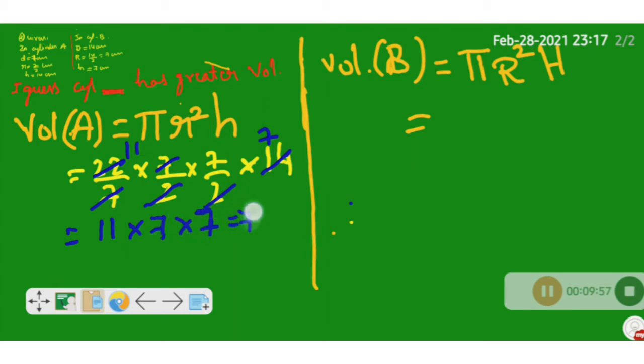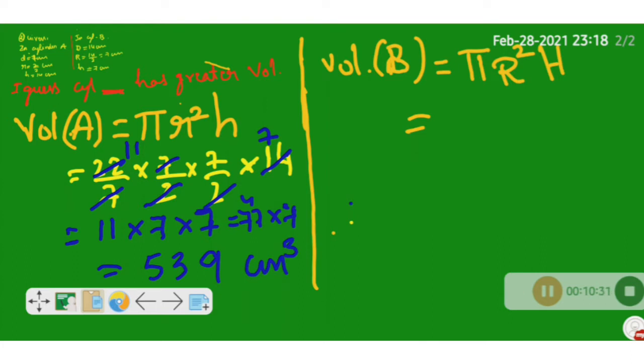That is nothing but 11 7s are 77 into 7. If you multiply 77 into 7, 7 7s are 49, write 9 and carry 4, 7 7s are 49. It's 539 centimeter cube, right?